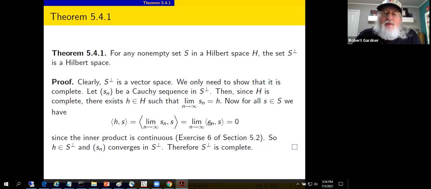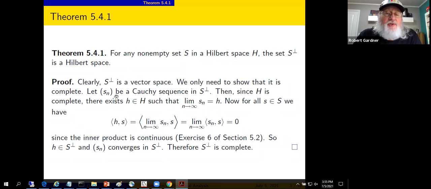But then the inner product of s sub n with s, those are always zeros. The s sub n's were chosen to be from S perp, so they're perpendicular to this vector s, an arbitrary vector in set capital S. All these inner products are zero, so the limit's zero. That is, the inner product of h with s is zero. That being the case for all vectors s in set capital S implies h is in S perp.